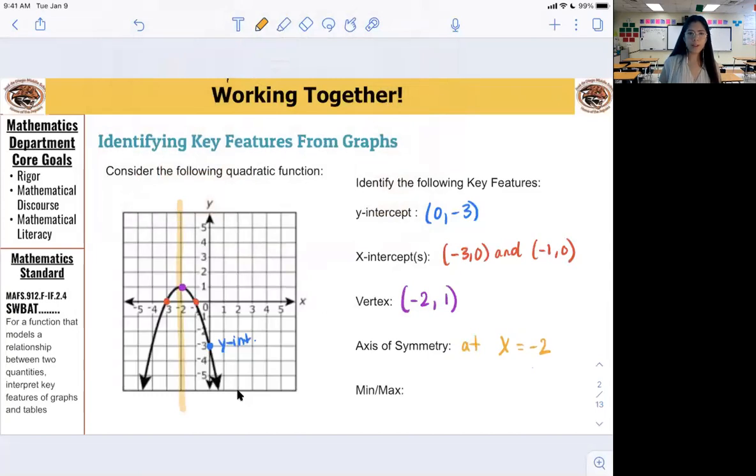And finally, do I have a minimum or do I have a maximum? Is this a minimum or is this a maximum? A maximum? Yeah, it's a maximum. It's a tippity top. It's a maximum. So we have a maximum.